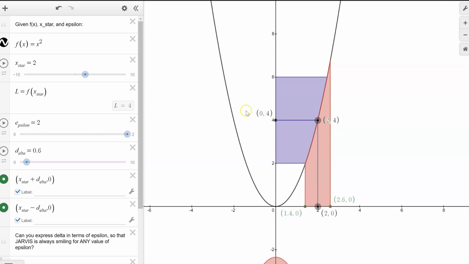So if I want my epsilon to be 2, I can't use this delta. So what I have to do is always pick the smaller distance of the 2. You got to always make sure that the delta you pick will give you an epsilon that you need. So it's always the smaller of the 2. So we'll talk about that in the next video.